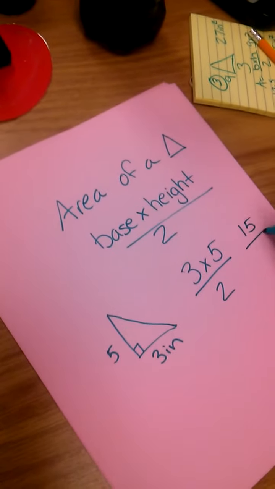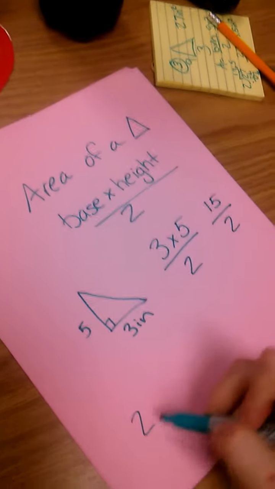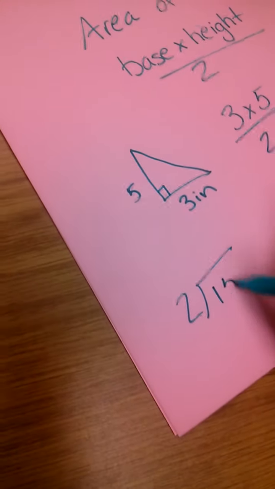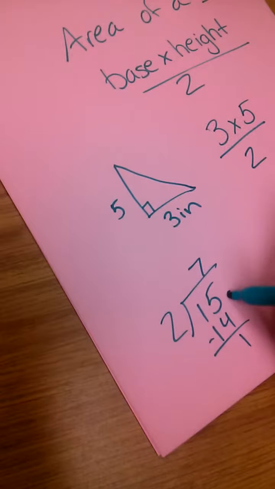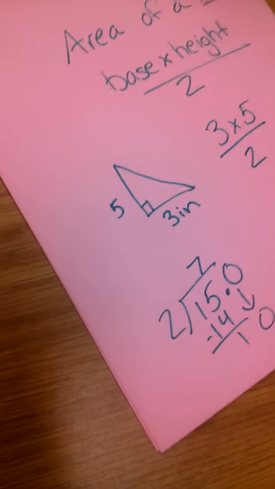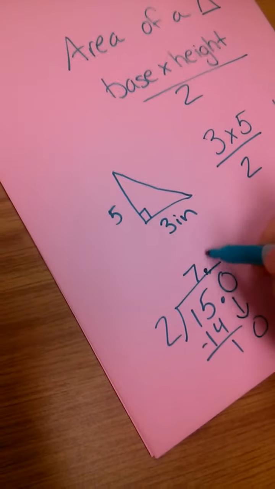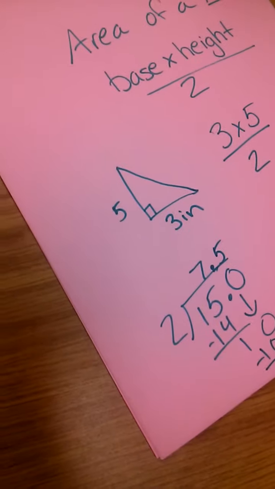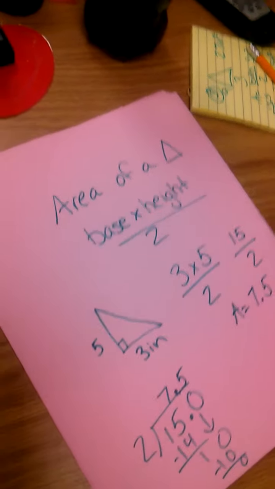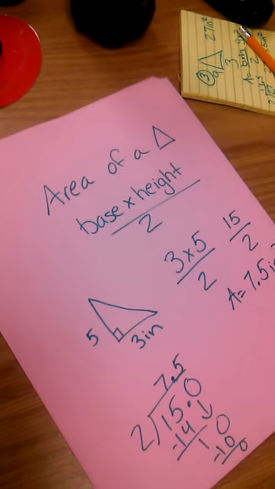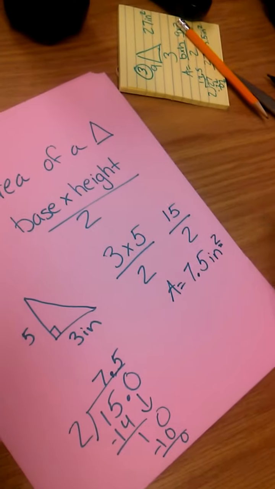So 3 times 5 is 15. 15 divided by 2. Well, 2 goes into 15 7 times. I can add my 0. 2 goes into 10 5 times. So my area is 7.5 inches. And once again, because it's area, I need that squared.